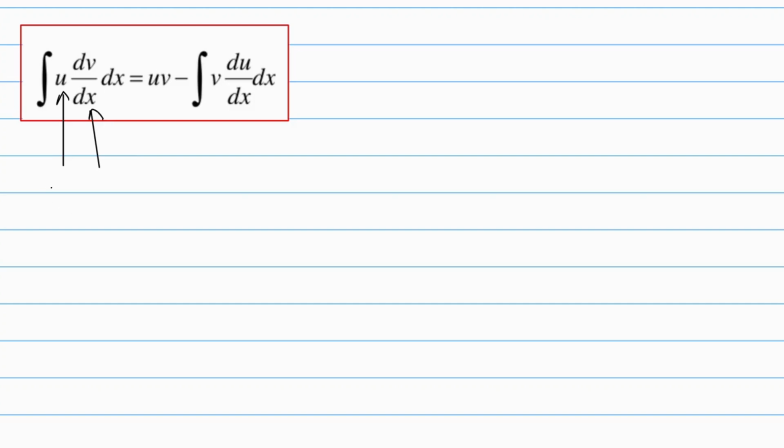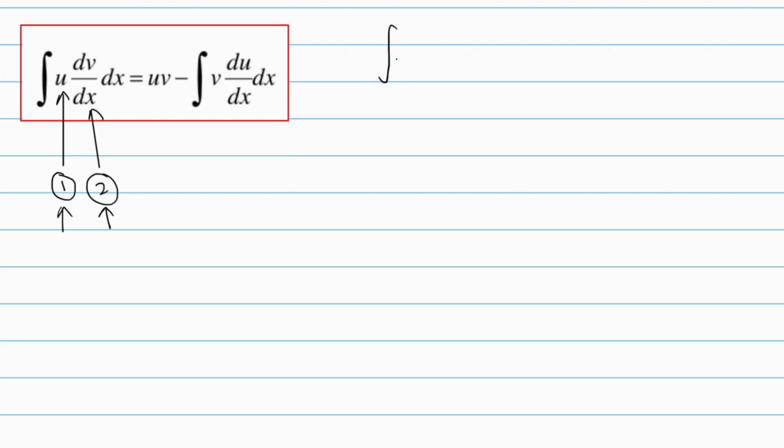So we break it down into these two functions, and that allows us to simply integrate this function dv by dx and differentiate this function u. So let us get into an example to understand how exactly this is done.